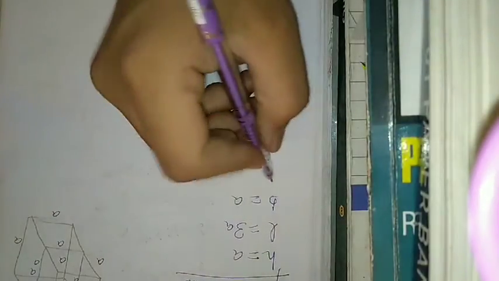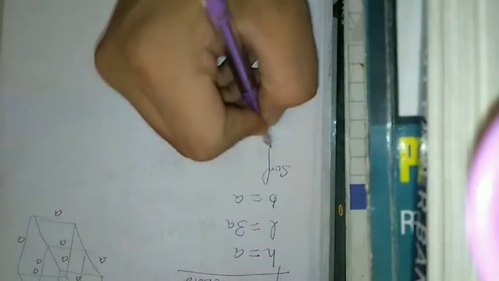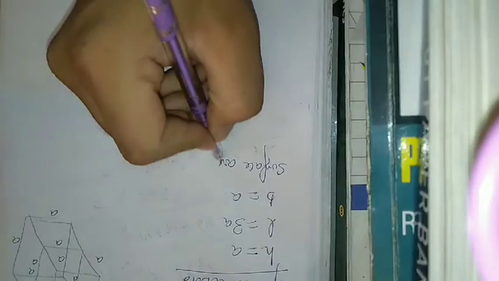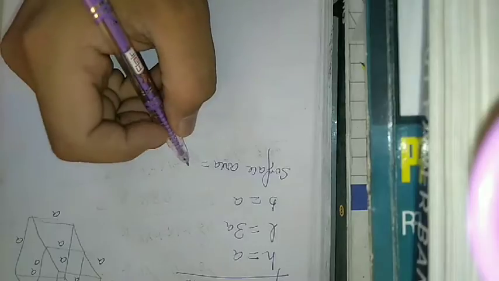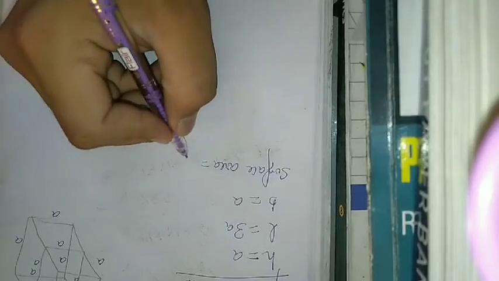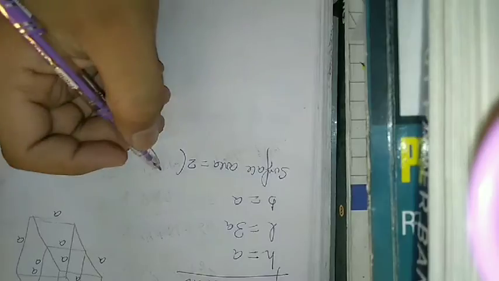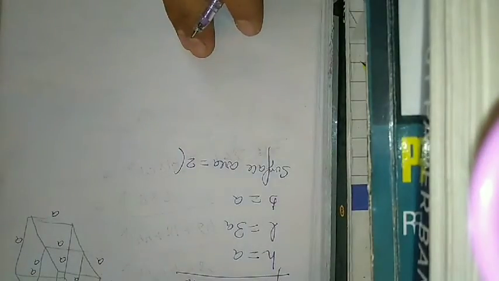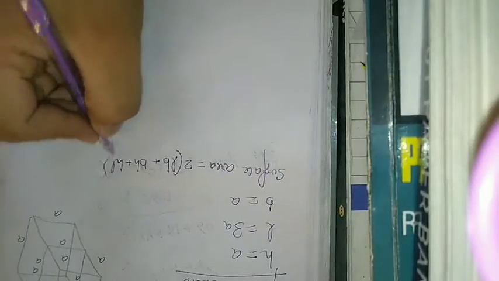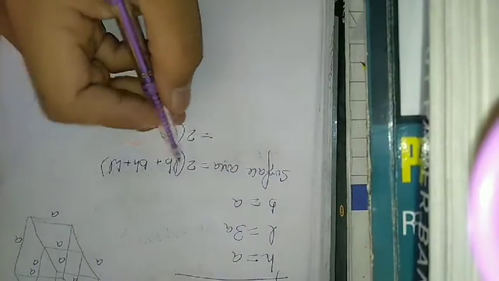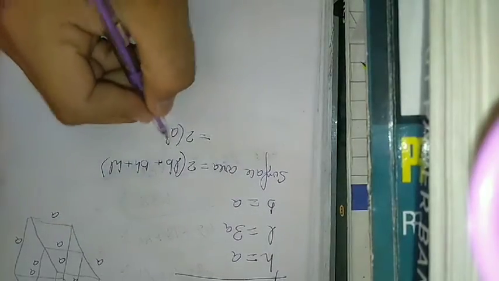Okay, so what is the surface area? It is equal to 2 into length into breadth plus breadth into height plus height into length. 2 into, what is the length into breadth? a into a is a square.